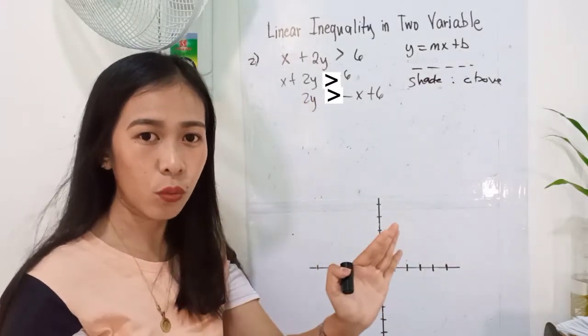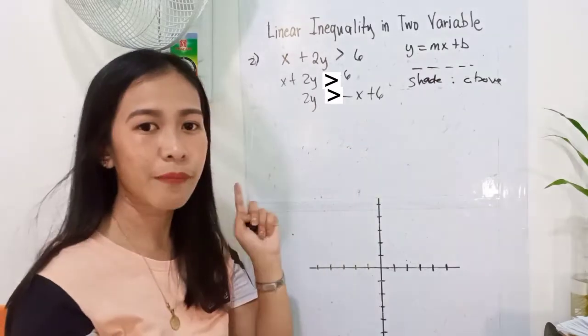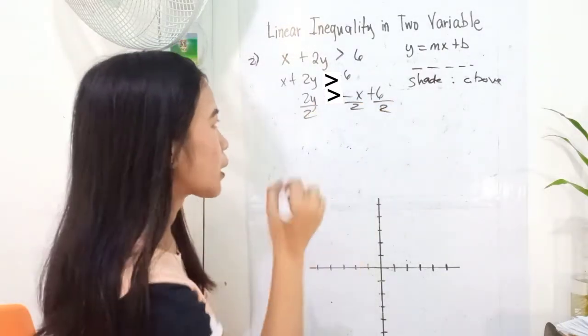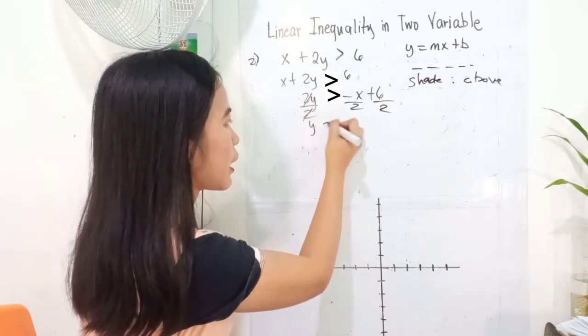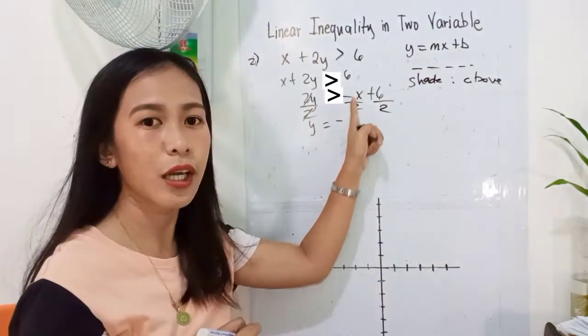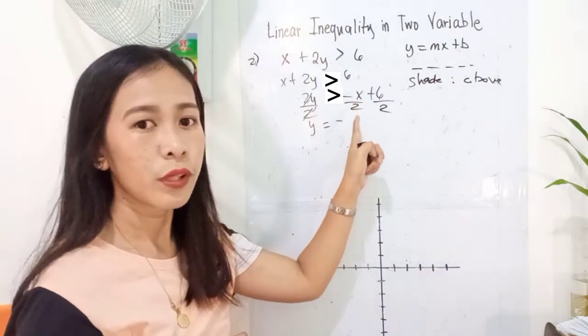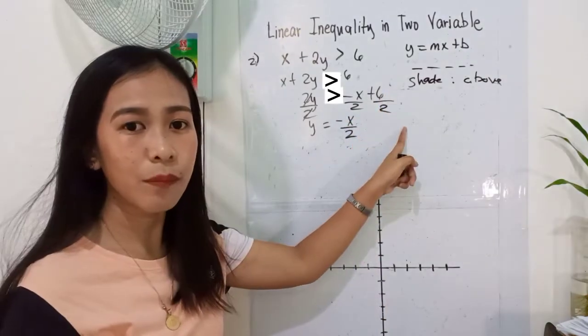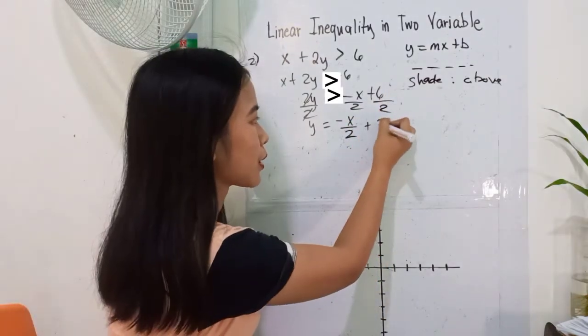And then, itong y, since ito ay meron pang kasamang 2, what we are going to do is to eliminate 2 by dividing both sides by 2. So, divide natin by 2. Lahat yan, i-divide natin by 2. And then, cancel. Okay, y na lang ang natira. Negative x over 2 na yan. Plus 6 divided by 2 is of course 3. Okay?